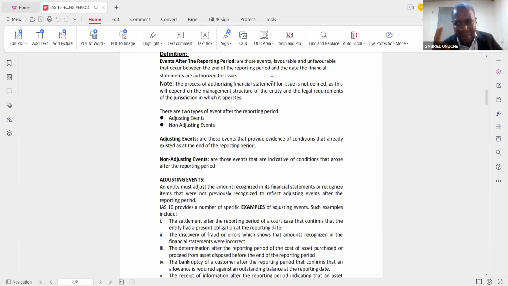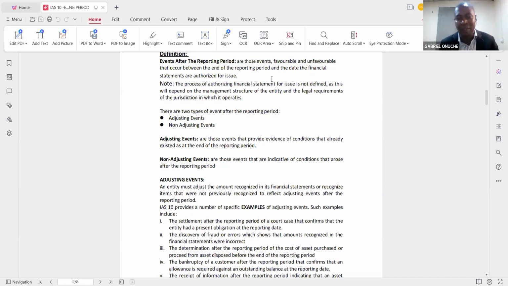These are the period that is covered by IAS 10. So whether the tax law or any other law says the financial statement was ready before 30th June is not within the scope of IAS 10. What IAS 10 emphasizes is the financial statement authorized for issue by the board of directors.